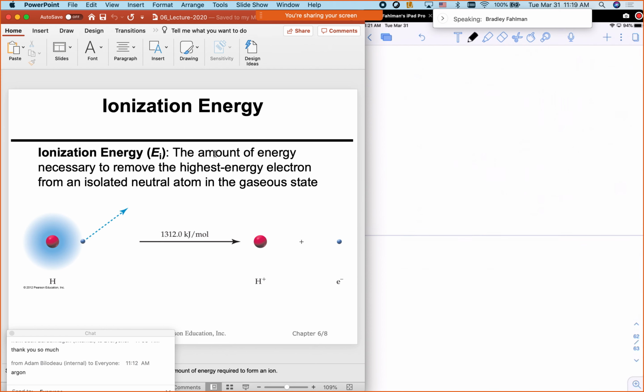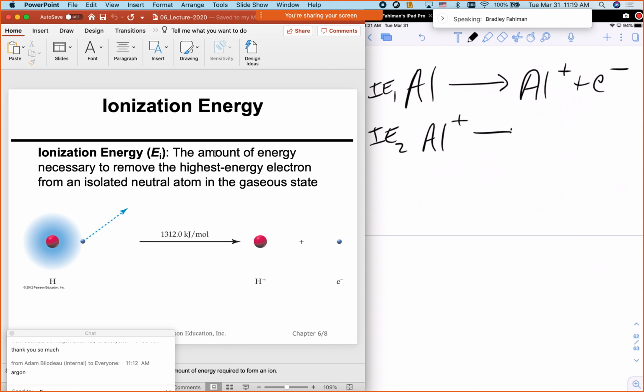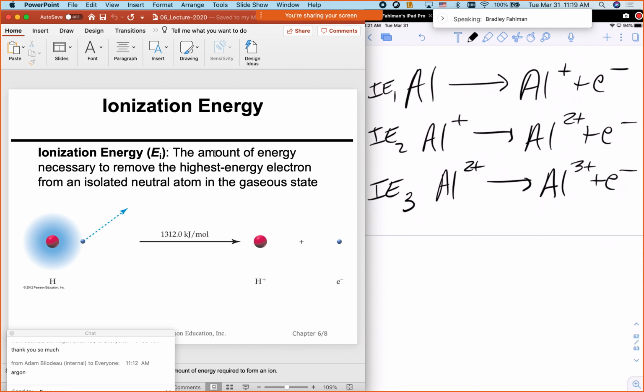Like, for instance, one that actually makes sense is aluminum. So you can say this one will require a certain amount of energy, and then IE2 is this one, and then IE3 is where we remove the third electron. And each of these will require energy.